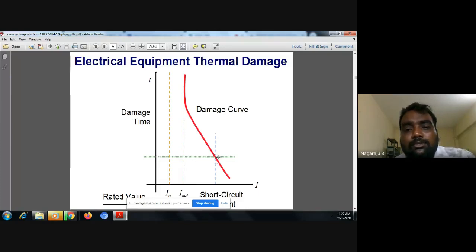So this is a damage curve between the damage time and the short circuit current.